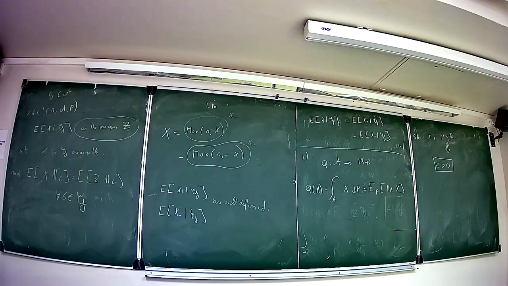So Q is positive for sure because x is supposed to be positive, so I have the integral of the positive mapping. I want you to prove that Q is bounded and that Q is sigma additive. And I repeat, meaning that if you have a sequence of pairwise disjoint sets, Q of the union is equal to the sum of the Q.